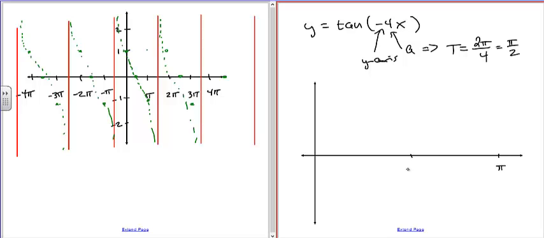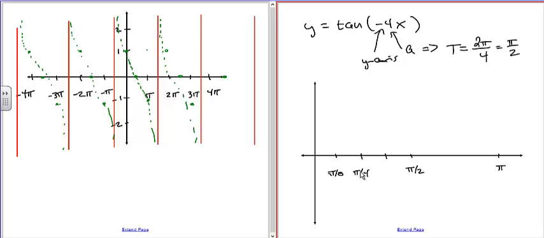Halfway is 1 period, that's pi over 2. We cut it in half again, it's pi over 4, pi over 8. I don't know why I said 8, I wrote 4th. So it's pi over 8.